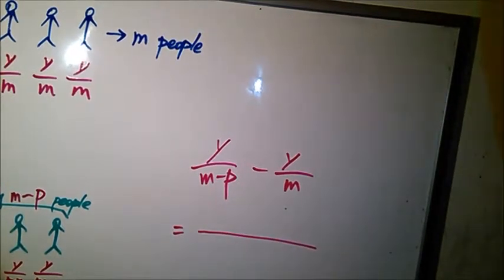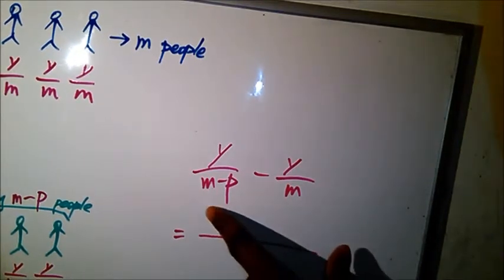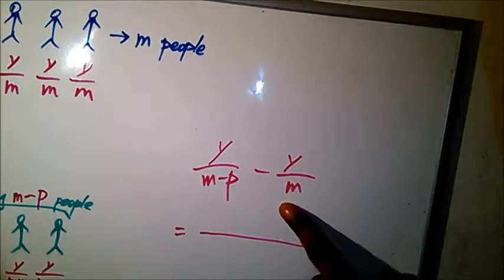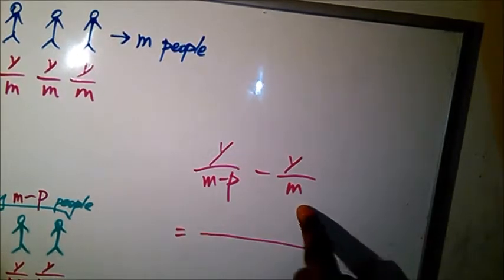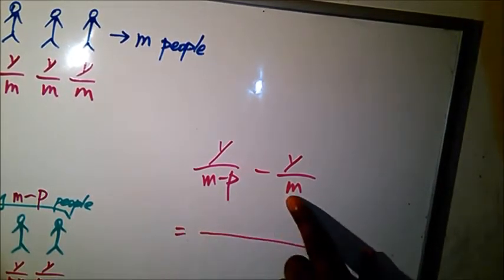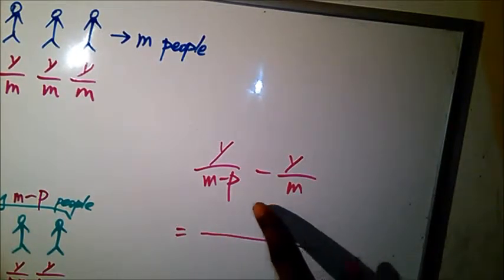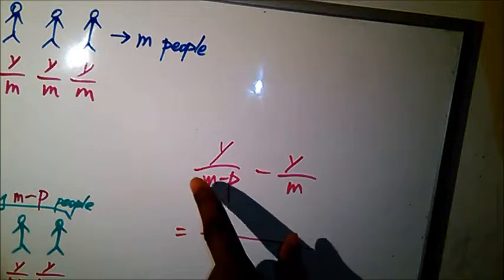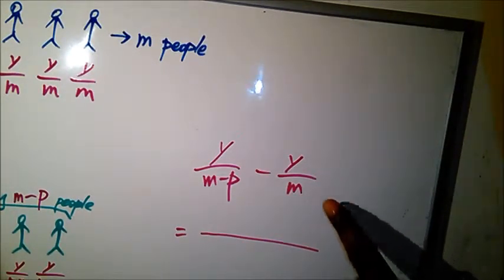To simplify this, we have to make the denominators, or the bases, equal to each other. I'm just speaking in general terms, so you understand. So we have to multiply whatever's not in this denominator by this, and multiply this by the m. So this will be m times m minus p, and here m times m minus p.